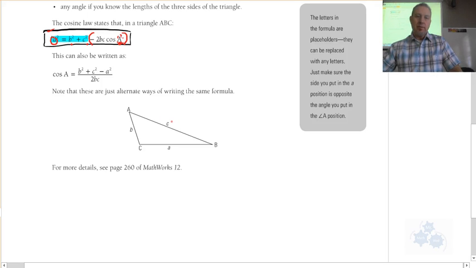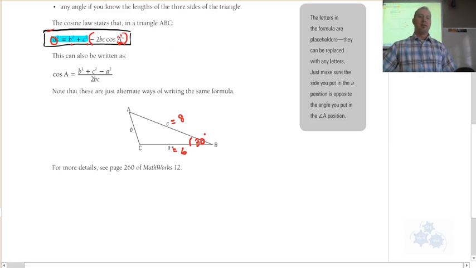I have this one, let's say C equals 8. And I have A over here, this A equals about, let's say, 6. I also have one angle, this angle right here, and let's say this angle is about 30 degrees.